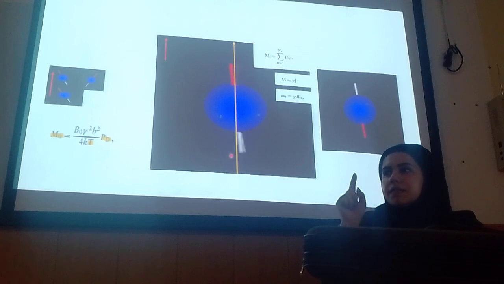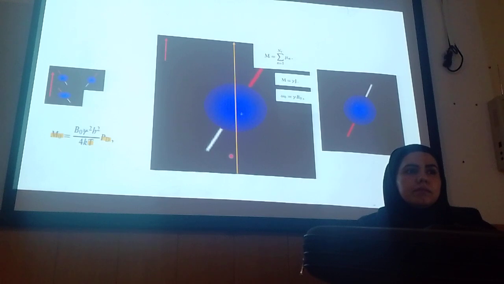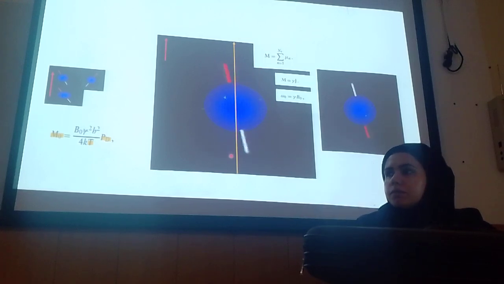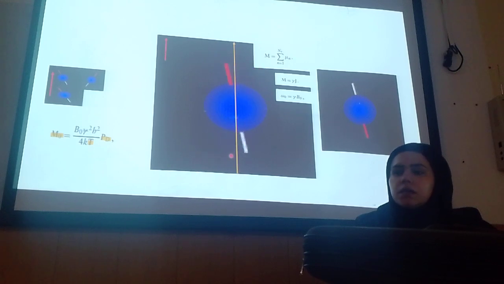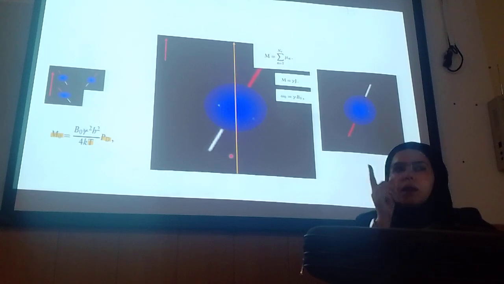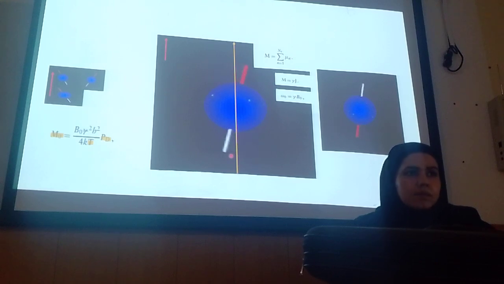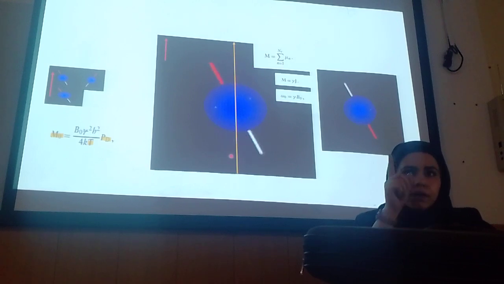Each nucleus is precessing about the magnetic field, not completely aligned in the direction or against the direction of B0. It's called the precession phenomenon. We call it precession of spins or precession of the magnetic moment, which is a vector quantity, around B0.